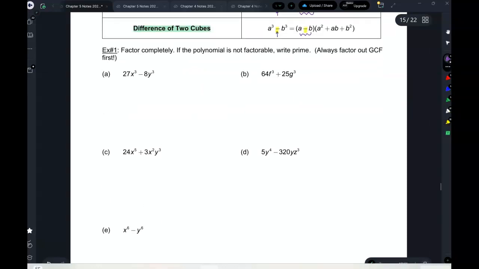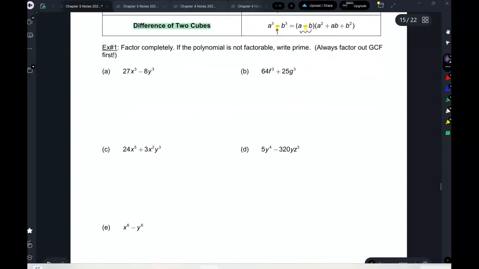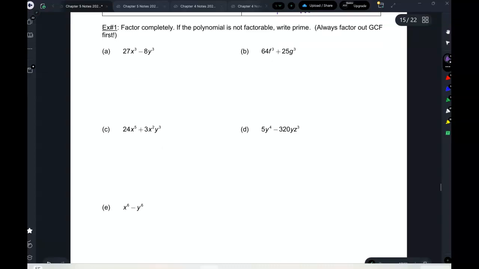So take a look here. I have the difference of cubes. 27x cubed is a cube, and so is 8y cubed. What are these the cubes of? So 27x cubed is really 3x cubed, minus 2y cubed. So now this thing inside is a, and this is b.